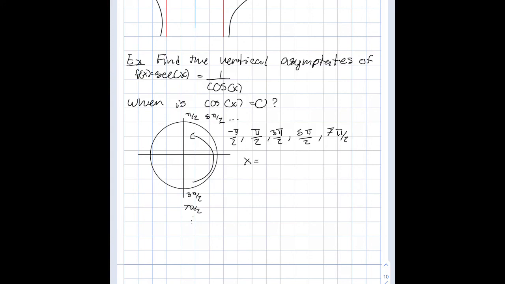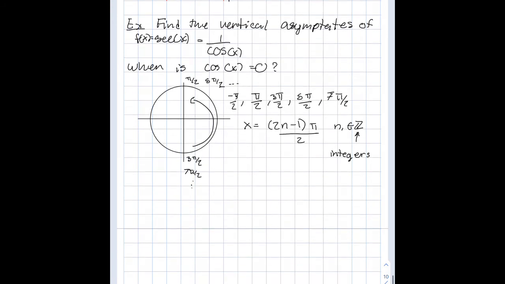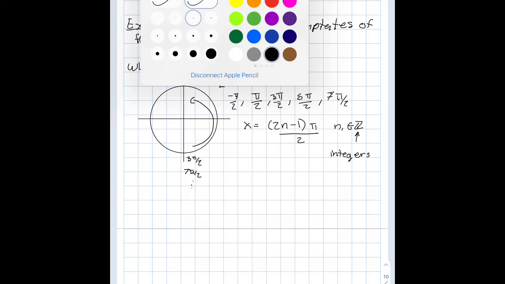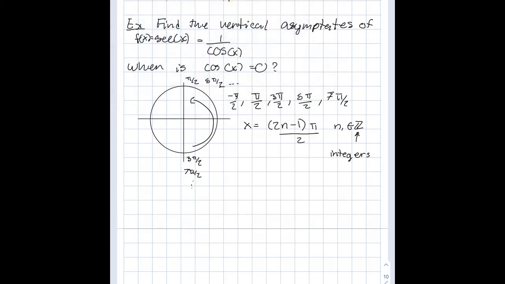We can also write this as (2n minus 1) pi over 2, where n is an integer. That's what that double bar Z looks like. So that's just how you write all of the odd multiples of pi over 2. And we can actually draw this graph.